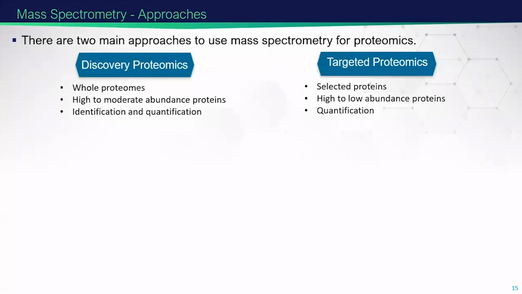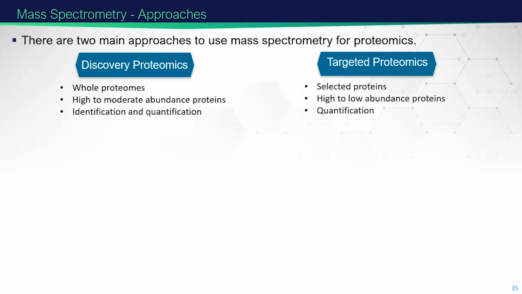There are two ways you can analyze those peptides. One is called discovery proteomics, and the other is called targeted proteomics. There are many differences between them: they use different instruments, and the data acquisition and analysis are quite different too.